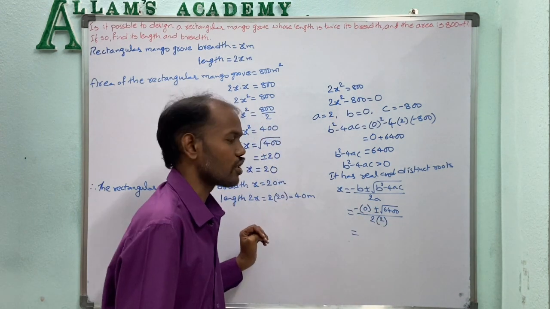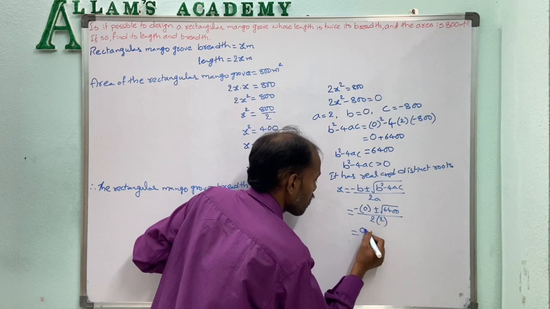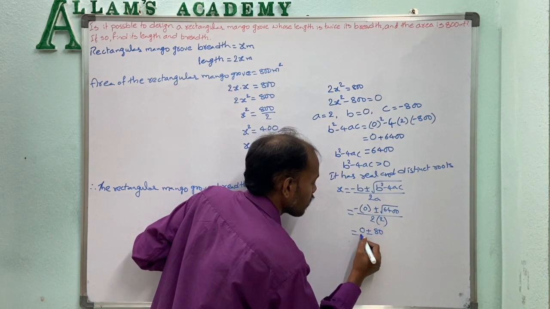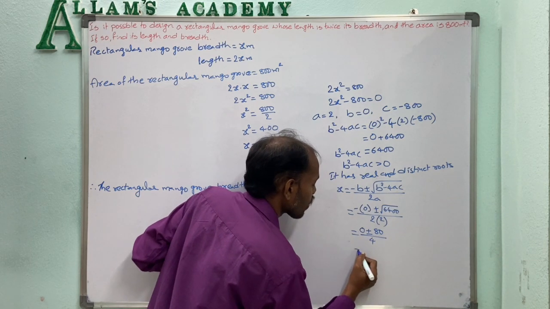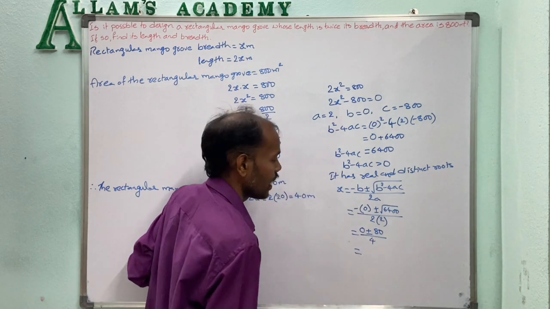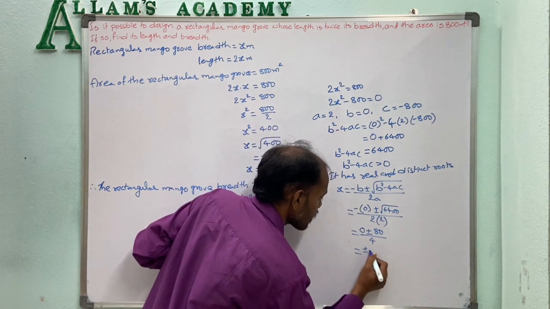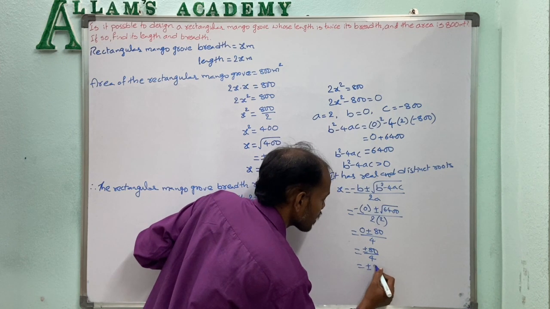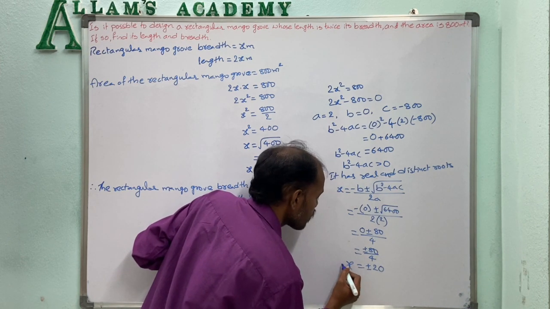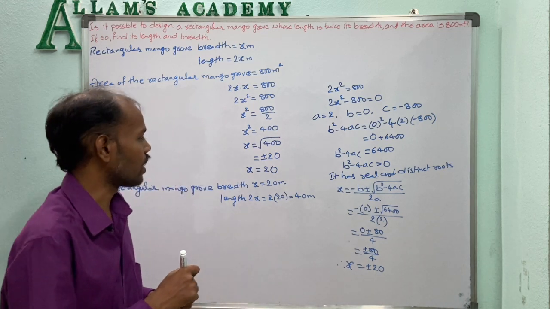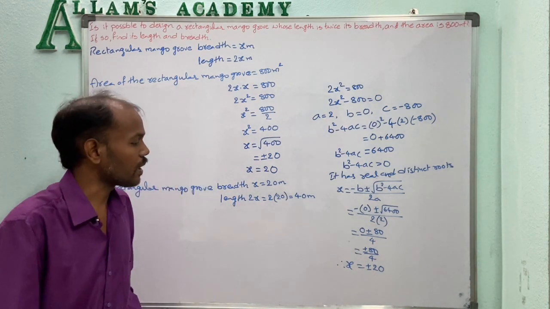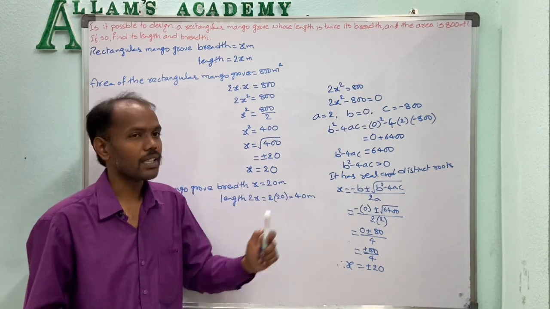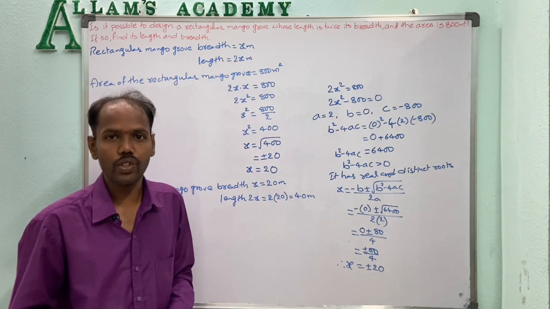So minus 0 means that is nothing but 0, plus or minus root 6400 is 80, by 2 into 2, 4. That means 0 plus or minus 80 is nothing but plus or minus 80 only, by 4. So 80 by 4 means that is nothing but plus or minus 20. So here also we get x equal to plus or minus 20 only. That means here we take only x equal to plus 20. So in any one method we get the same result only.